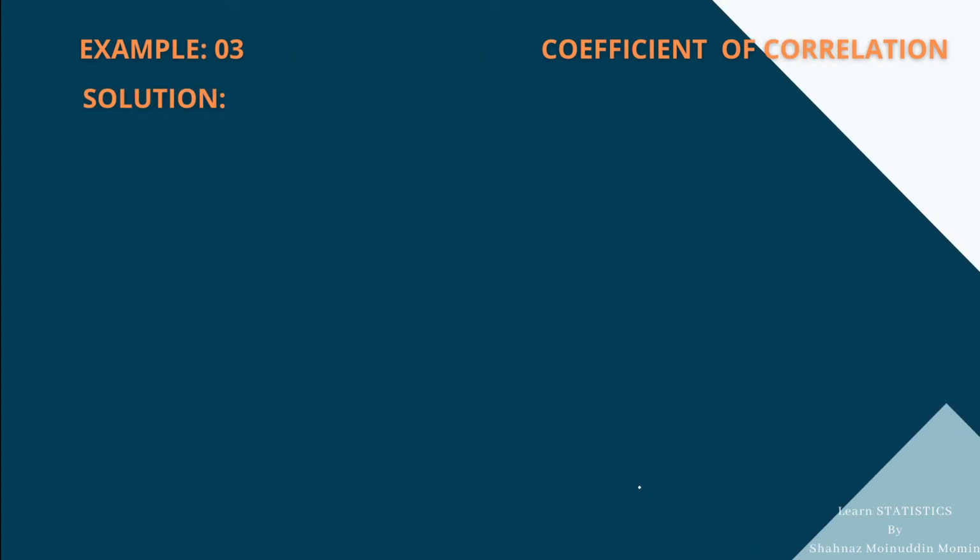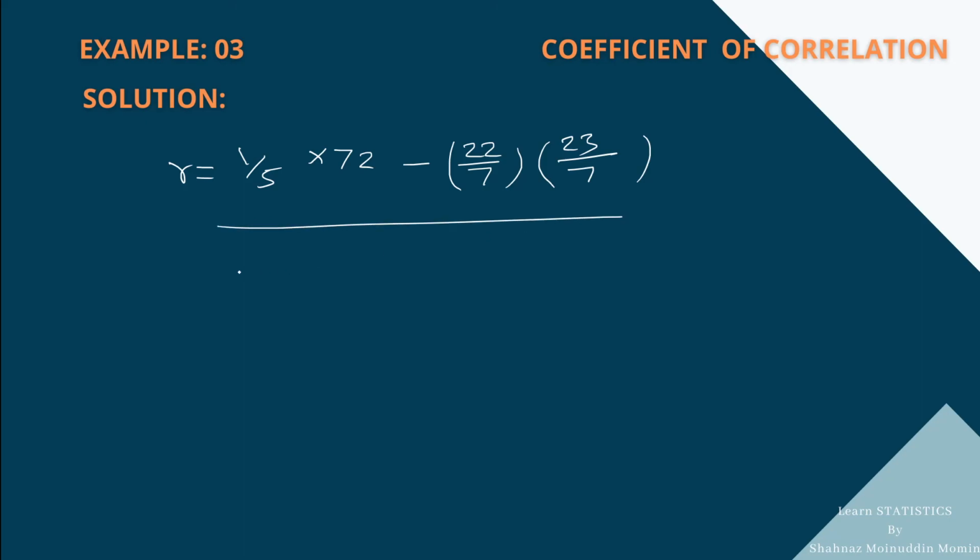By substituting all the values in the formula of correlation coefficient, we get 1 upon 5 into 72 minus x bar is 22 by 7, y bar is 23 by 7, upon under root 1 by 5 multiplied by 114 minus 22 by 7 bracket square, x bar square.